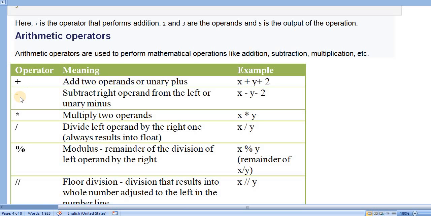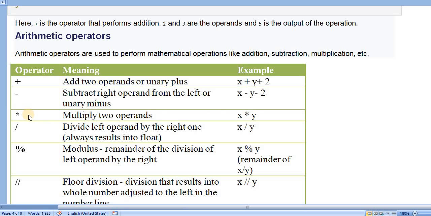Next is subtraction. This symbol is used to subtract the right operand from the left, or as unary minus. So x minus y, or minus 2, is an example, and this will subtract the value of the right operand from the left.